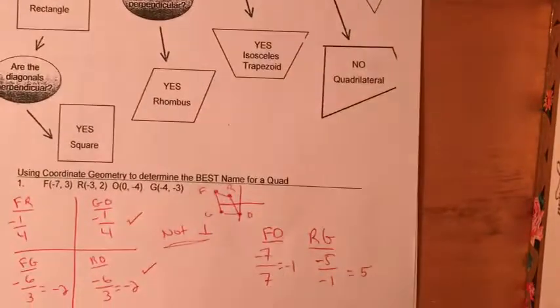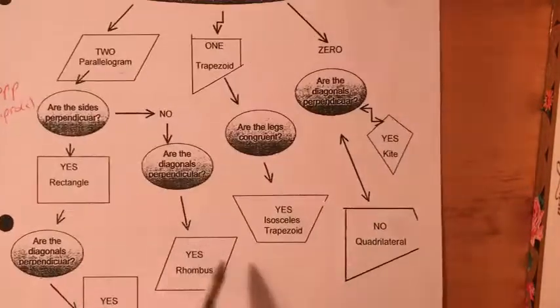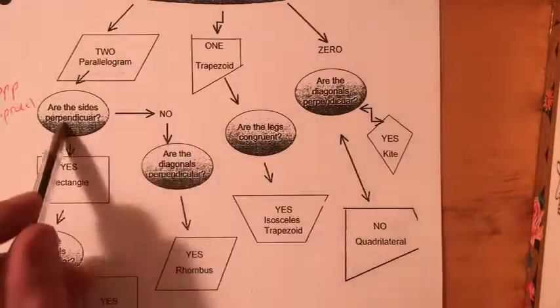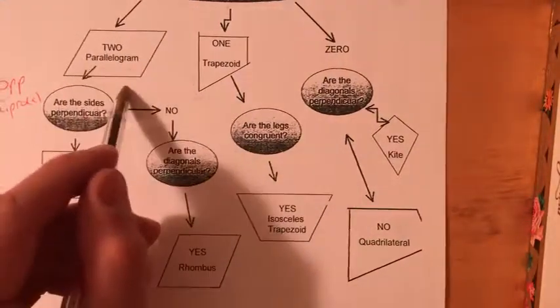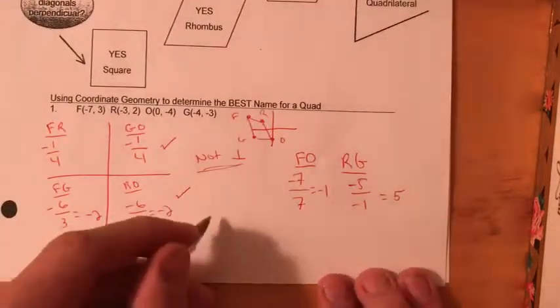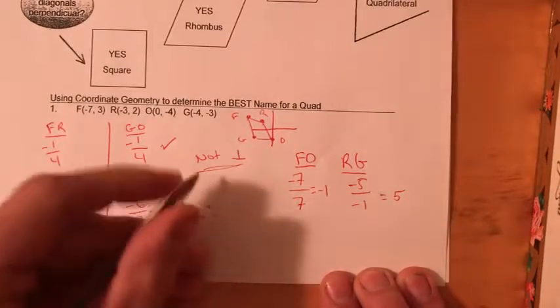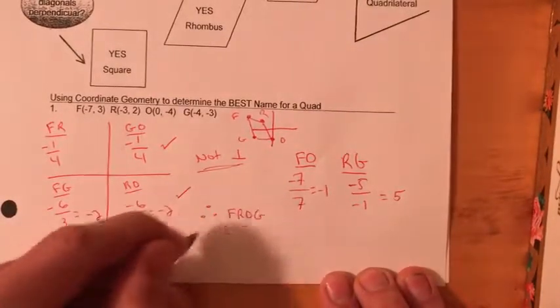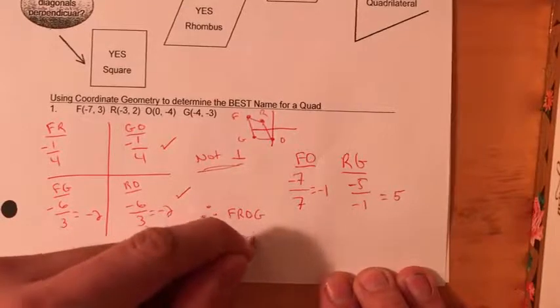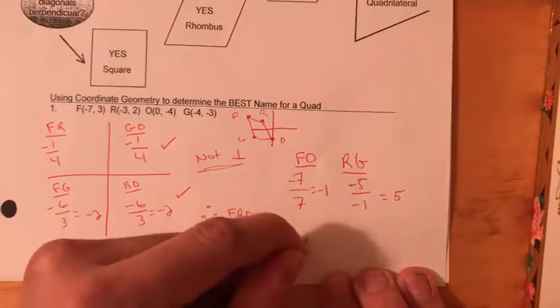So negative 1 and 5, are they perpendicular? Heck no. So we can't move on. This is a big no-go now. We have to backtrack, which the very last thing we said yes to was parallelogram. So we can say, therefore, FROG is a parallelogram.